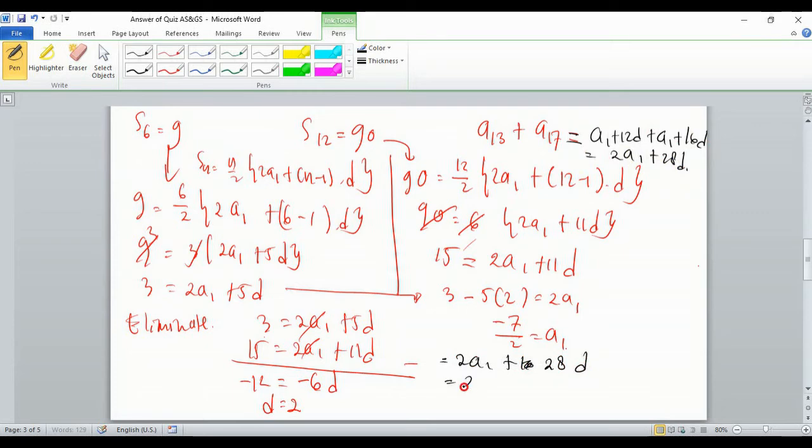Okay, 2 times minus 7 over 2 plus 28 times by 2. Okay, this one is equal minus 7 plus 56. So this one is equal 49, everyone.